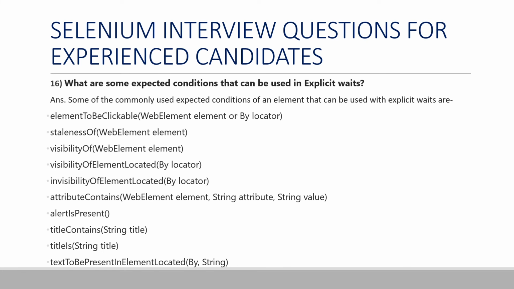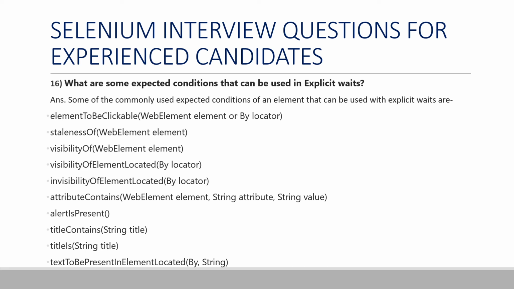Okay, what are some expected conditions that can be used in explicit wait? During your interview, the interviewer will ask you about the expected conditions present inside our explicit wait technique.